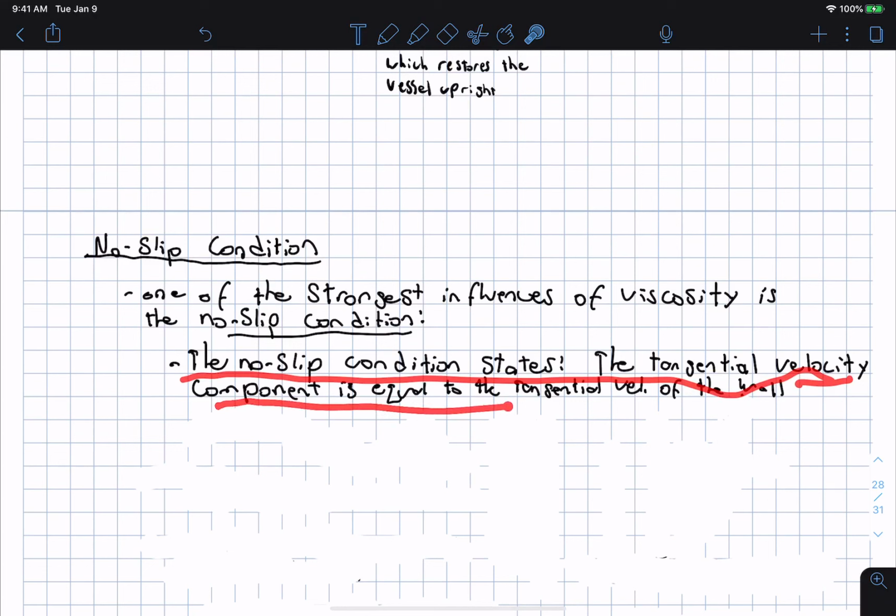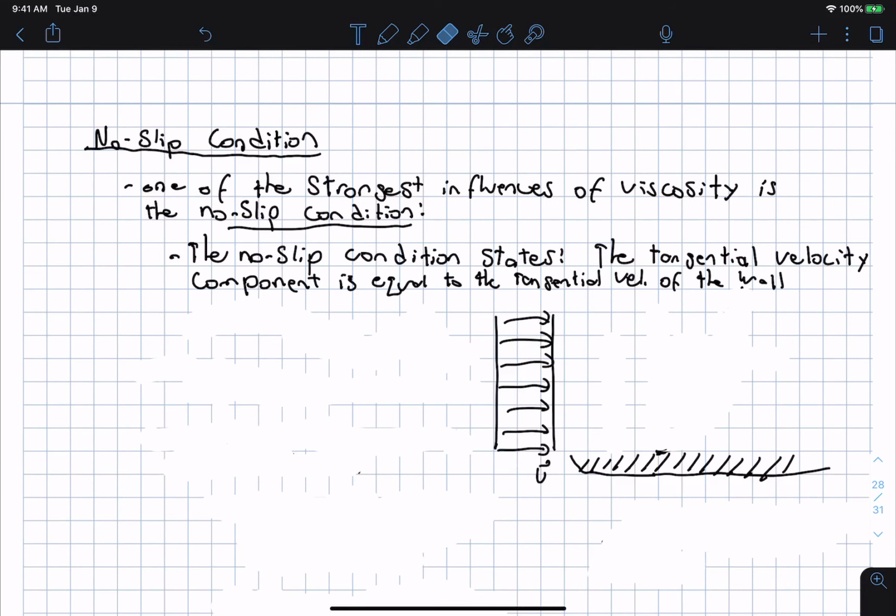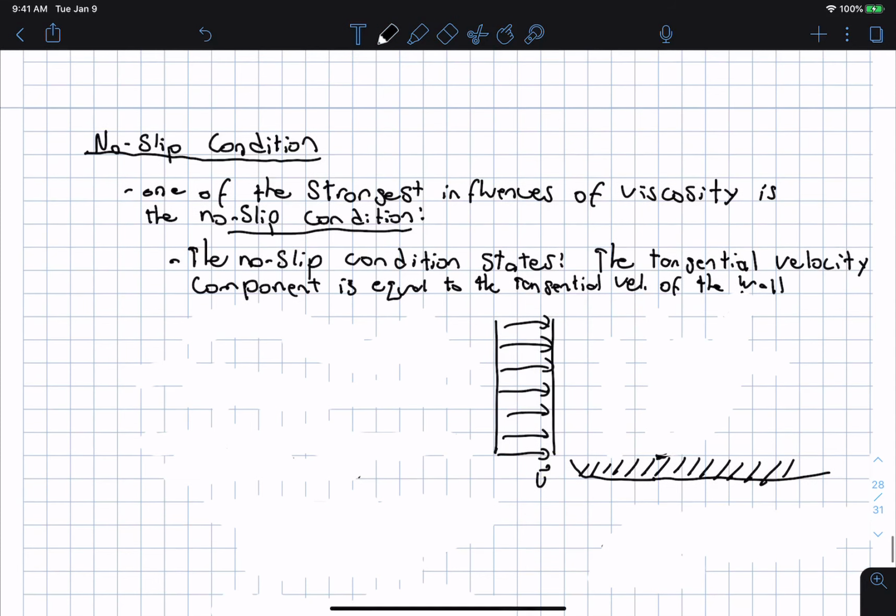is equal to the tangential velocity of the wall. So that is a sort of mathematical and abstract definition of it, but I think if I draw a picture, it will make a lot more sense. So here we have a so-called flat plate.